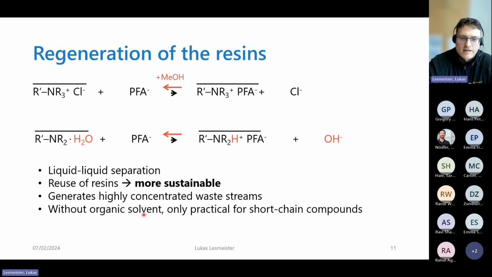So with only water, it's only practical for short chain compounds. And using an organic solvent is not the most sustainable solution that you can think of.